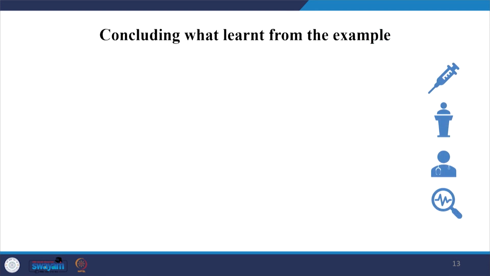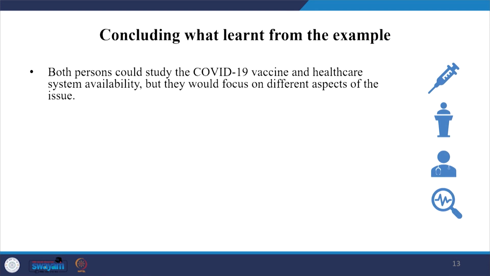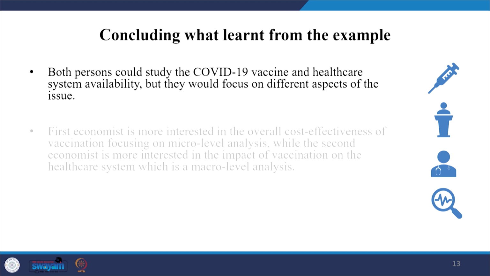To summarize these examples, we can discuss that both persons in the context could study COVID-19 vaccine and healthcare system availability, and they would focus on different aspects of the issue, which you have already said.